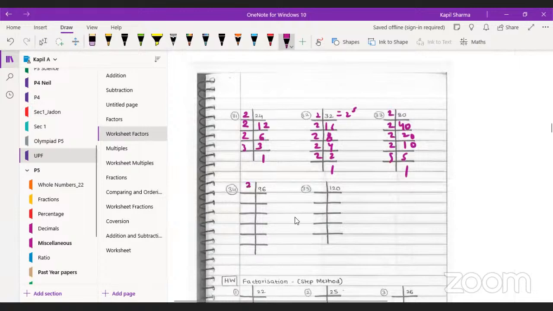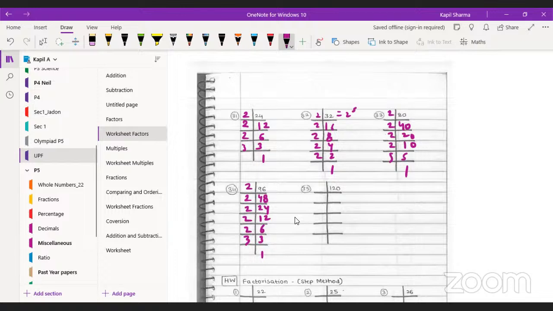Finally, okay, wait. Yes, 96. Revat, first 2. It's an even number. 2 to the power 5 times 3. Okay, last one. Guys, do it quickly.